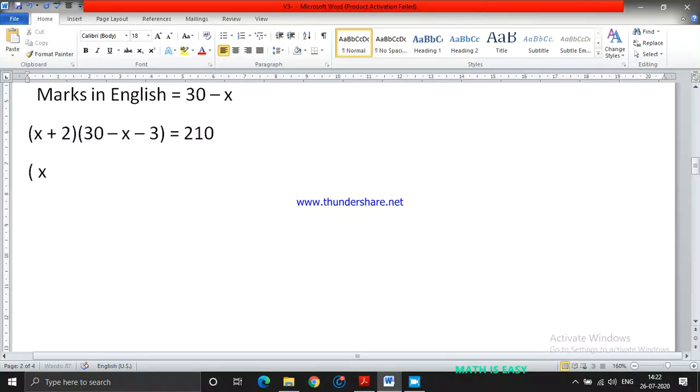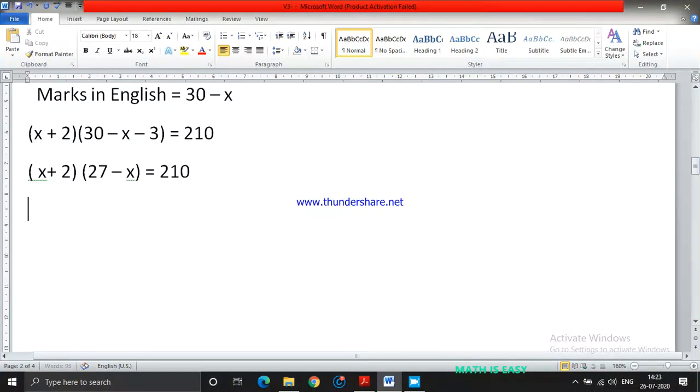So here what you get is x plus 2 multiplied with 30 minus 3, which is 27 minus x, is equal to 210.